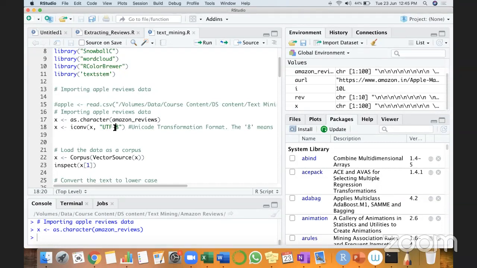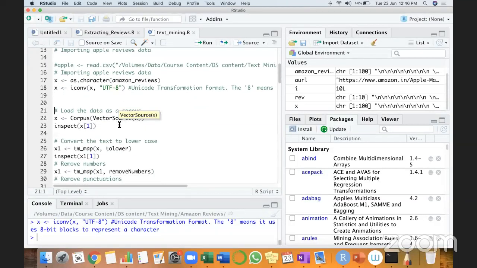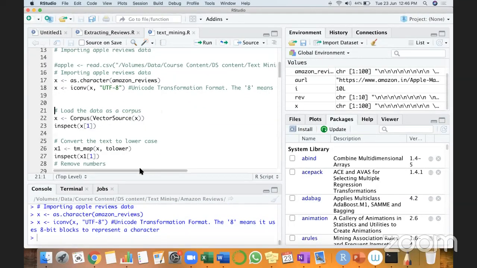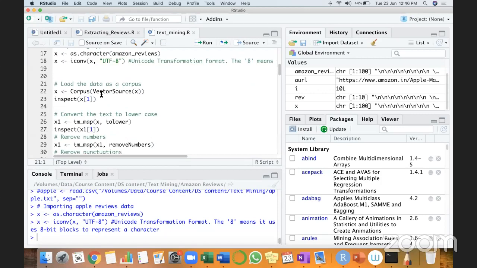We are converting them into one uniform Unicode Transformation Format 8. It is always best practice to convert text data into one of the transformation formats. Then here we are building the vector source, the corpus. That means we are collecting all of them into a corpus.